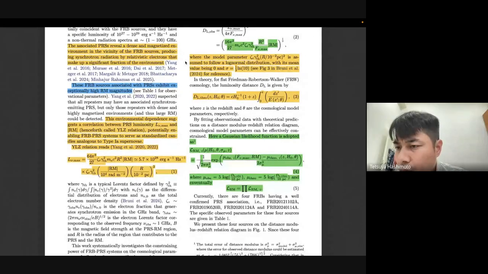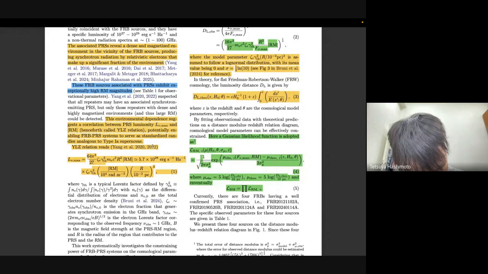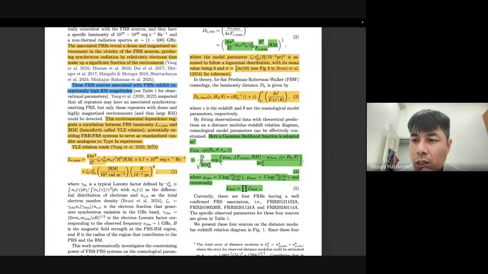Okay, thank you. Vignesh, I have also a minor comment. Sure, Professor. I think this is basically the same as a standard candle, right? Yes, Professor. In that way, I think this YLZ relation is using luminosity. To calculate luminosity, they need to assume cosmology.